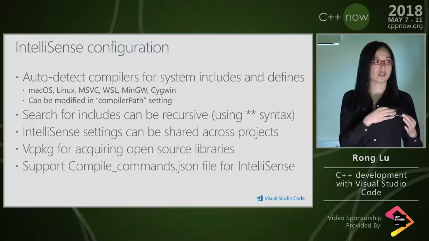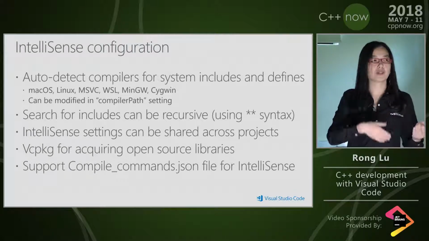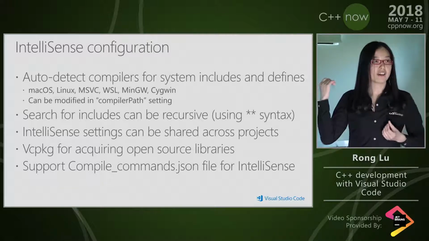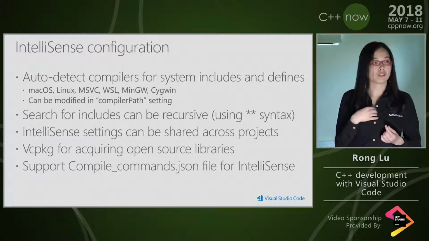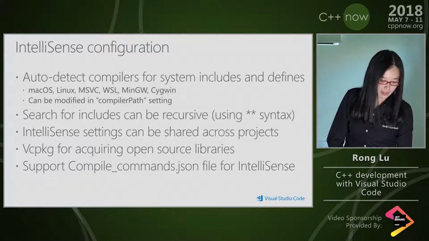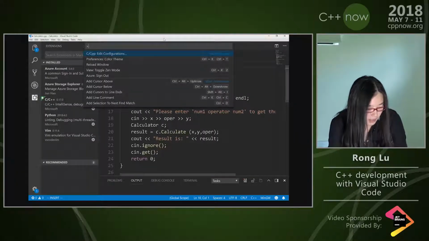So as part of your CMake build process, just pass an additional flag. As it builds, it will generate an additional file with this name. So that's all we need for IntelliSense. So in the settings file I showed you in there, which is this guy over here.